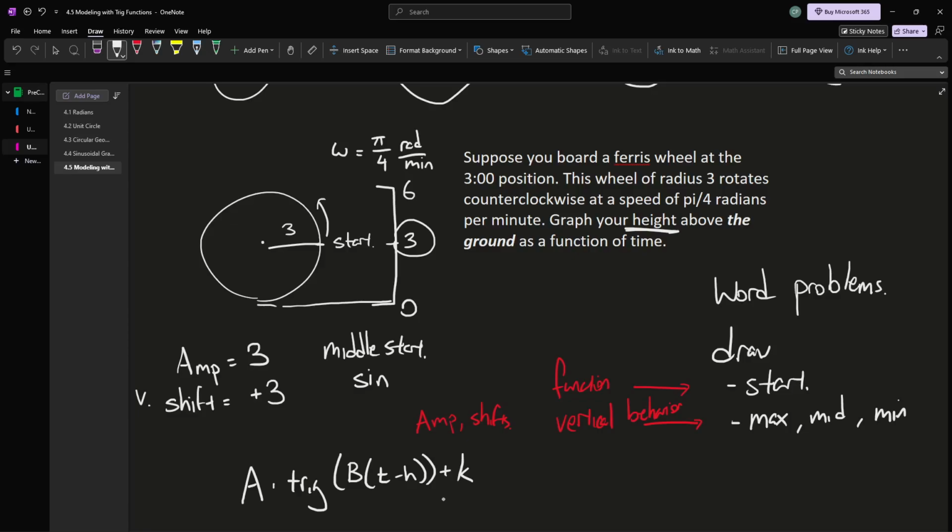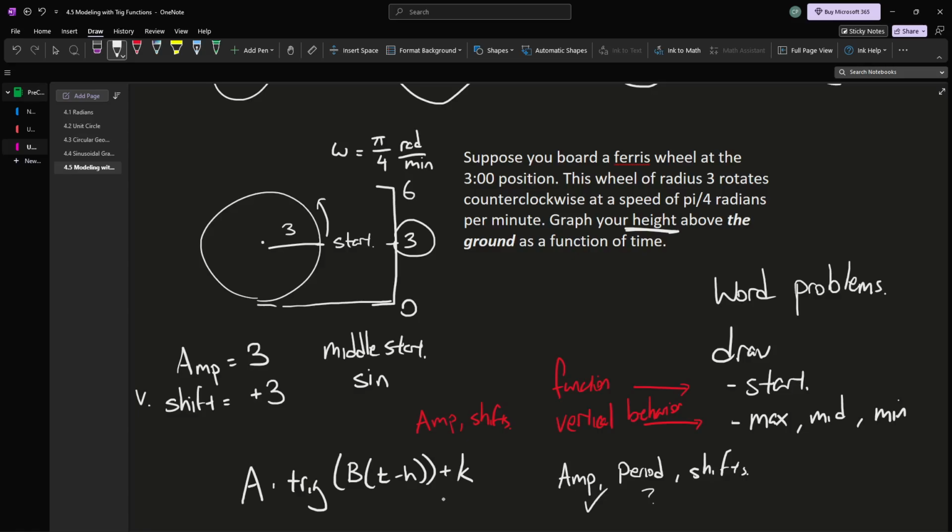So for a graph, if you think back to the previous lesson, we need the amplitude, we need a period, and we need shifts. It's also shown here in our equation. I have my amplitude already. I have a vertical shift. We have to see if there's a horizontal shift, but we need my period. I need my period.